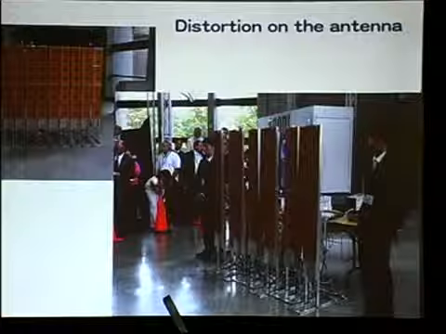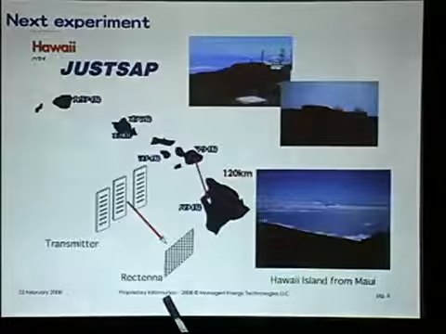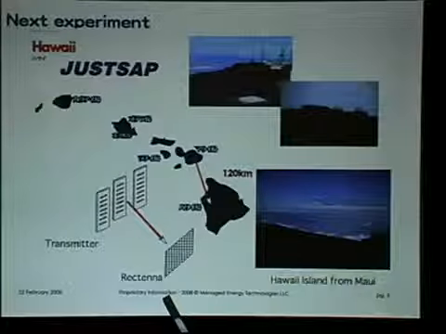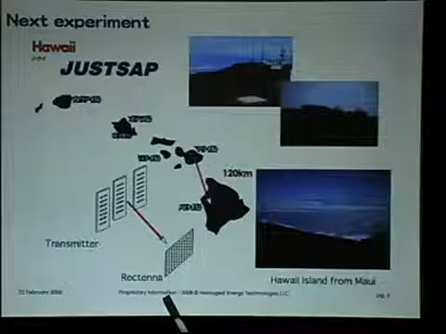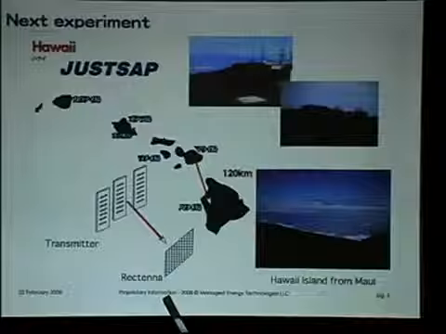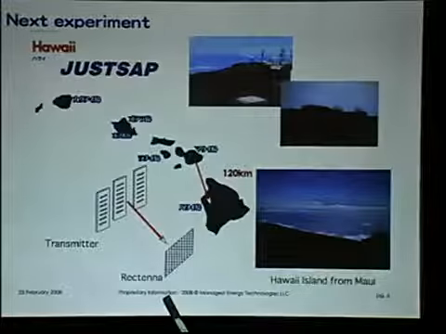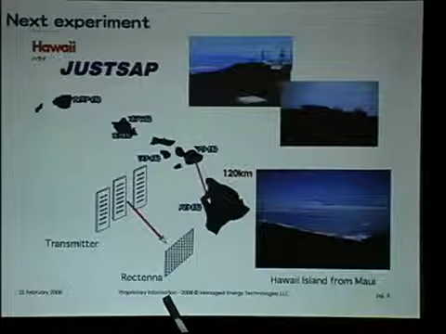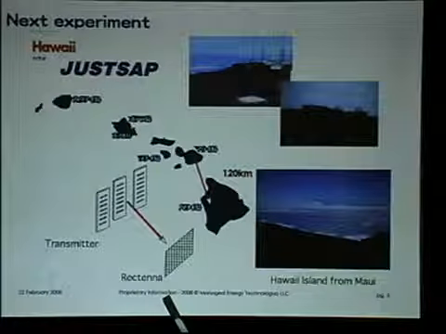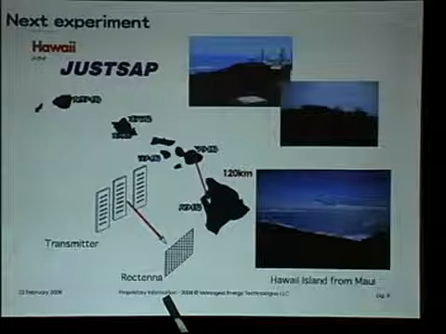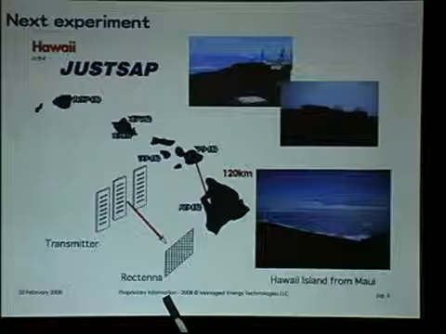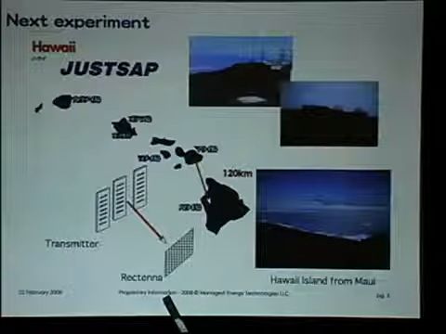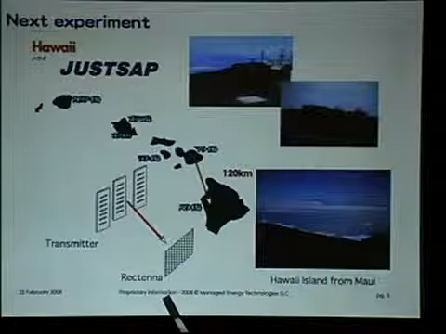So, next experiment. We brought our antenna to Hawaii. Maui Island has a very tall volcano called Haleakala, and Hawaii Big Island has two big volcanic mountains.